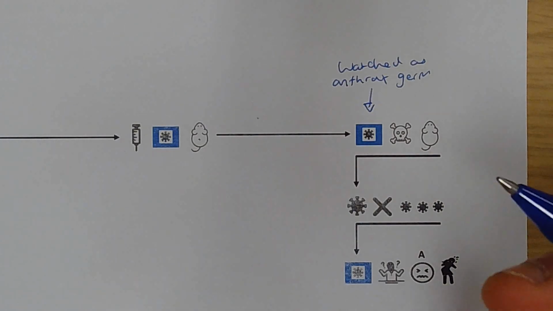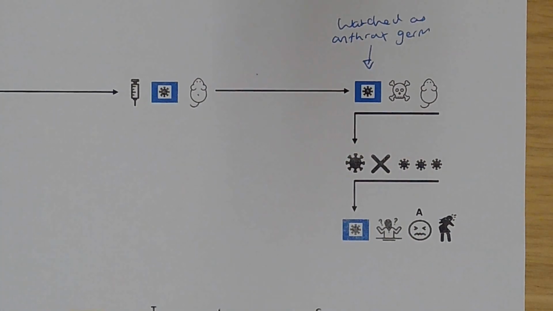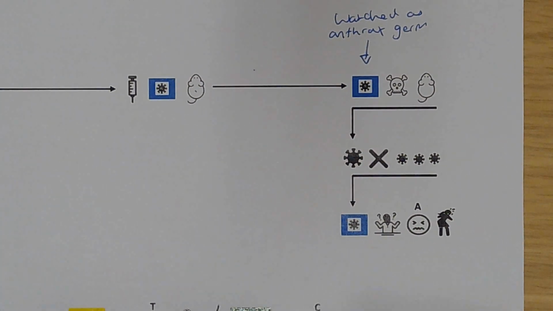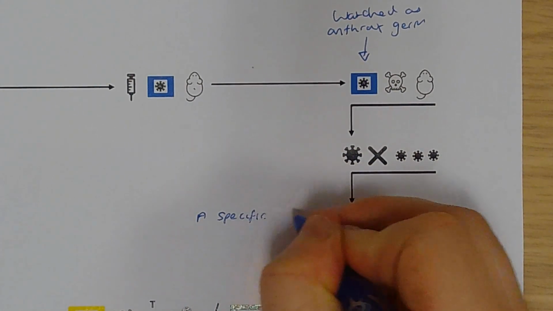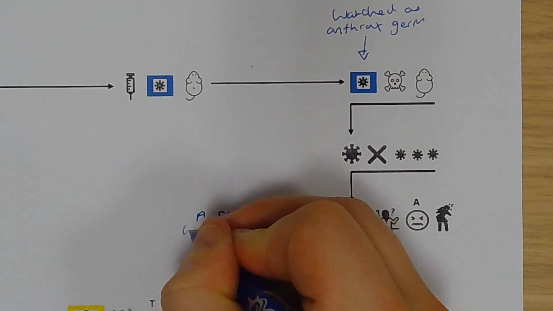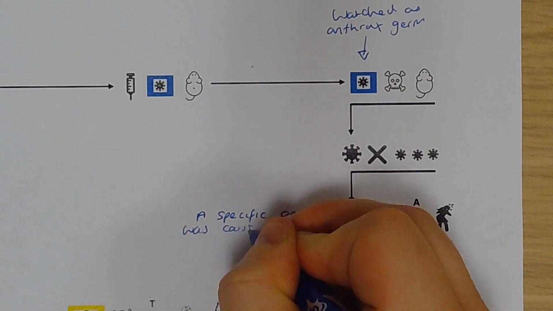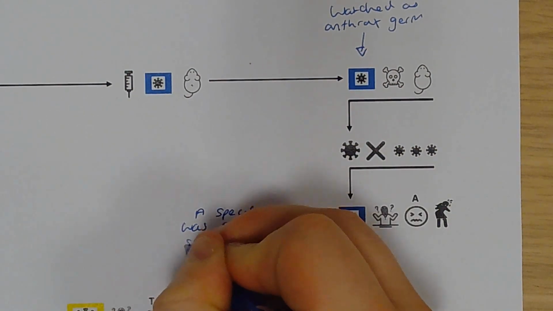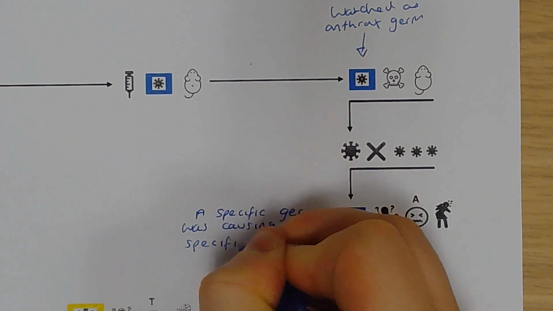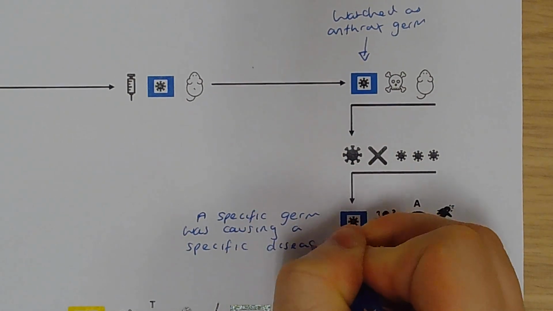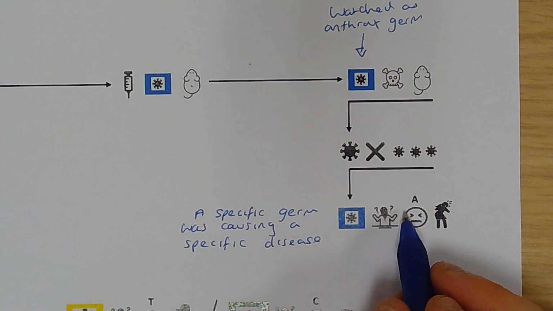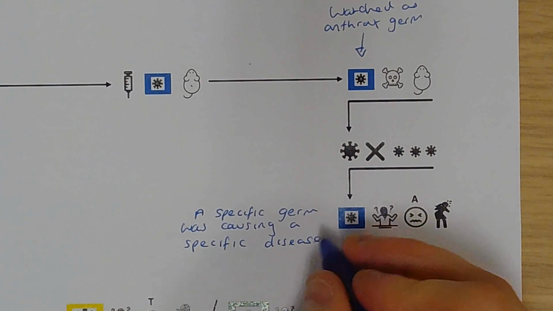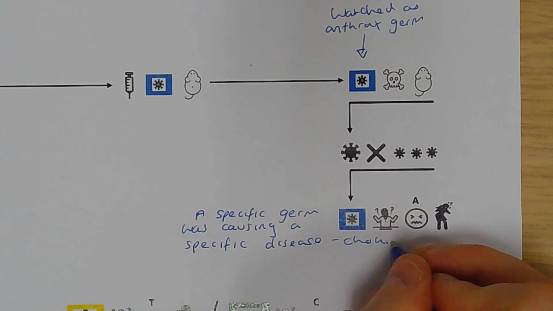And this was really important because what he realised was that a specific germ, such as anthrax, was causing a specific disease, such as choking. So this germ, anthrax, was causing a specific disease such as choking.